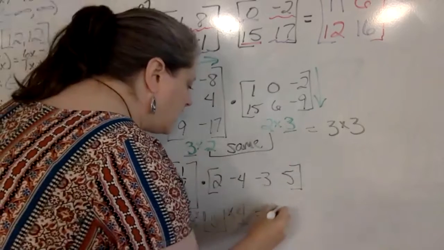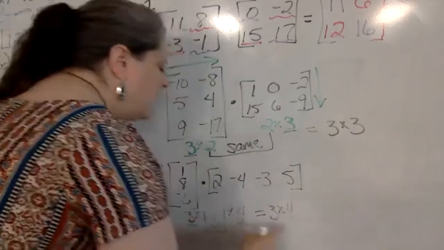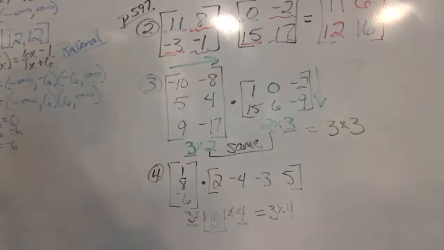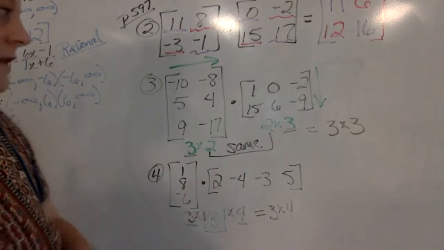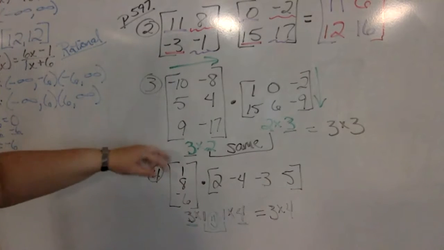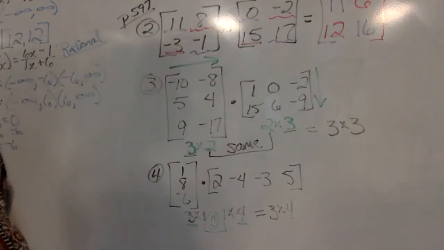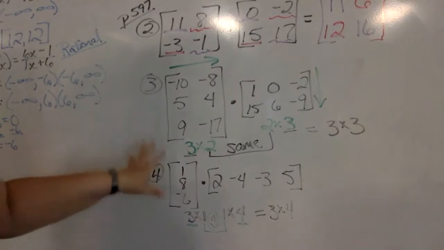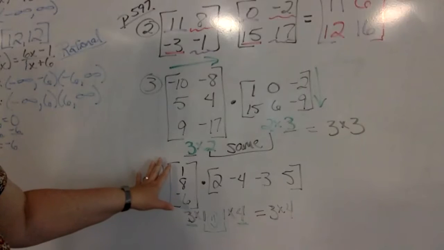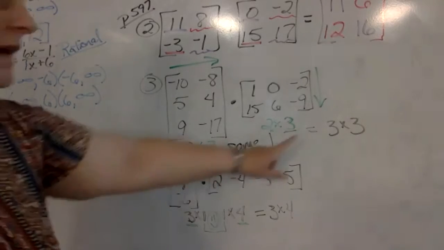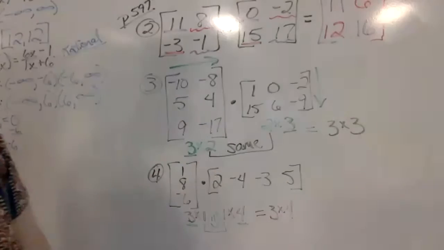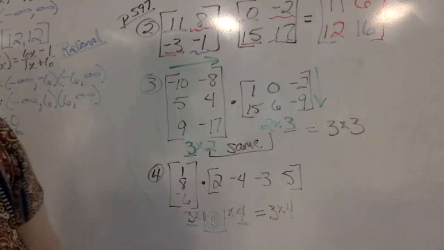It wants to know if you can multiply it and what the dimensions of that product would be. Okay, so that's all you have to know: you have to be able to add or subtract corresponding elements, determine whether you could multiply or not, and if you could, the dimensions of the product. Okay, so that part is pretty easy.